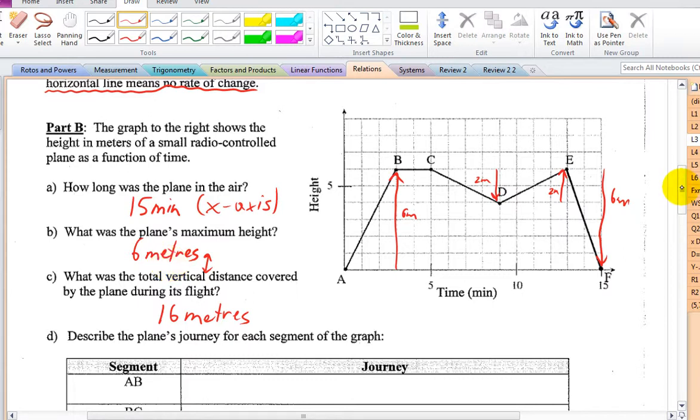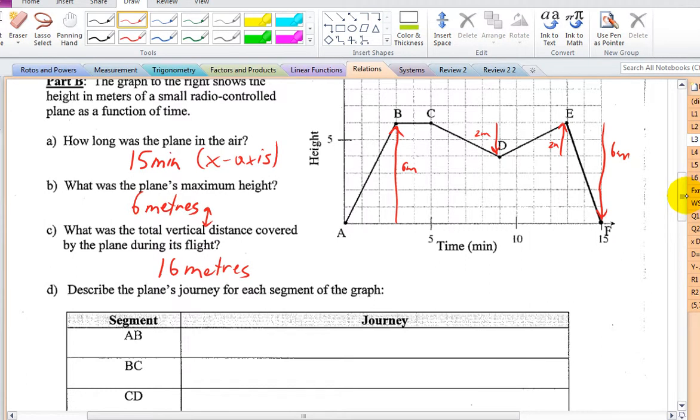So let's do D now. Describe the journey. So from A to B, what happens? Yeah. Constant. That's important to know because it's a straight line.